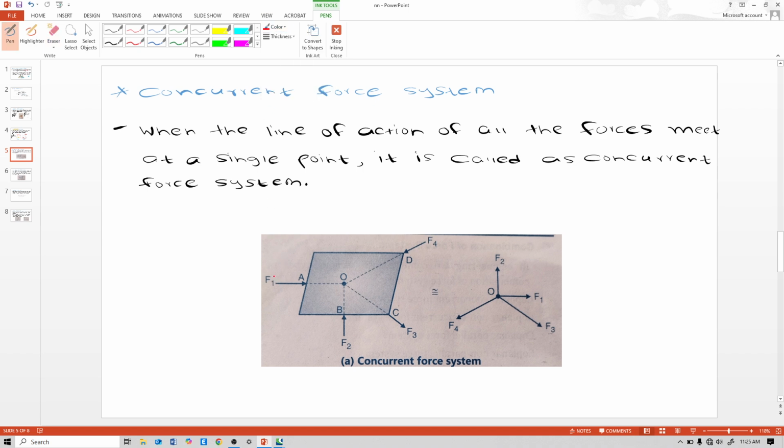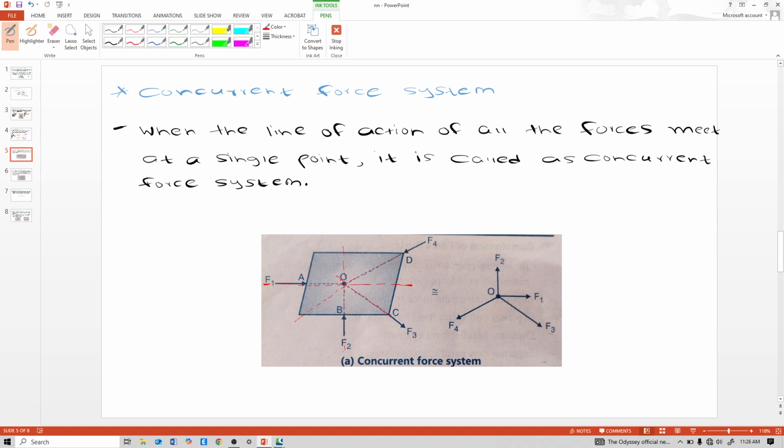F1 force line of action is like this. F2 force line of action is like this. F3 force line of action is like this, and F4 force line of action is like this. So focus on what is happening here.